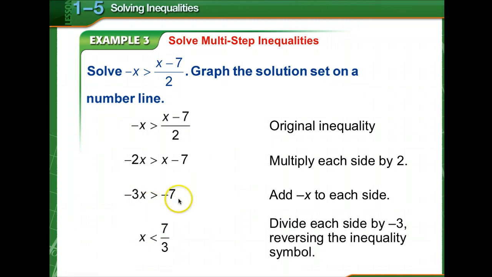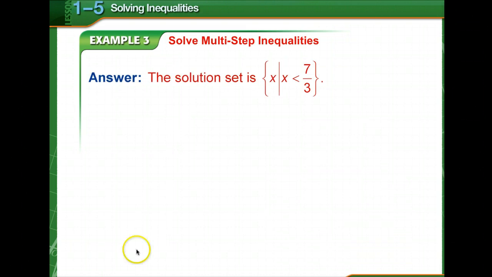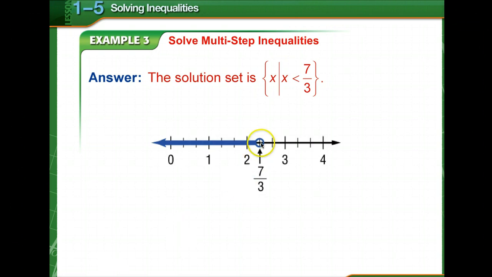Divide both sides by -3, which means we're going to reverse our inequality. So x is less than 7/3. So the solution set is x such that x is less than 7/3. And graphed, we have 7/3, and it's not or equal to, so it's an open circle, and it's everything less than 7/3.